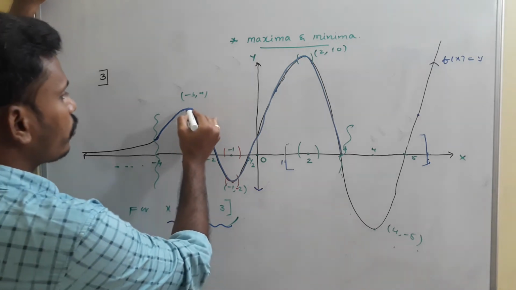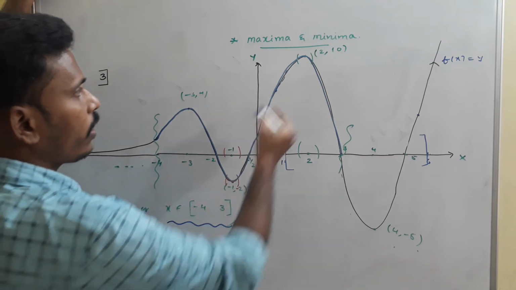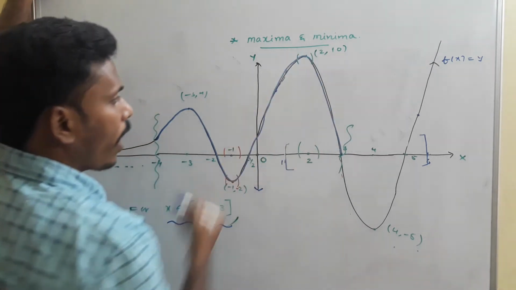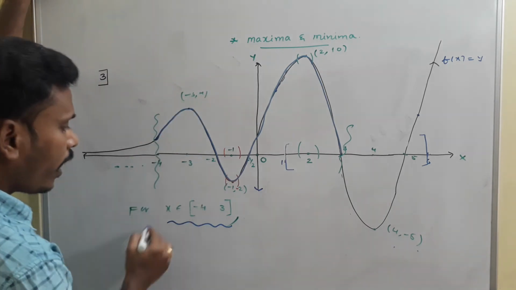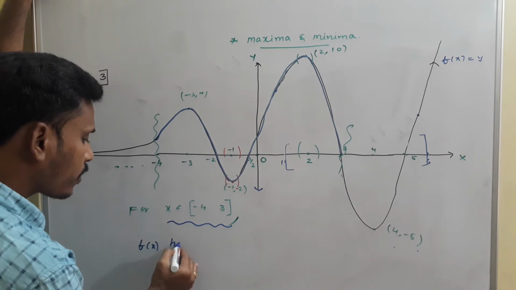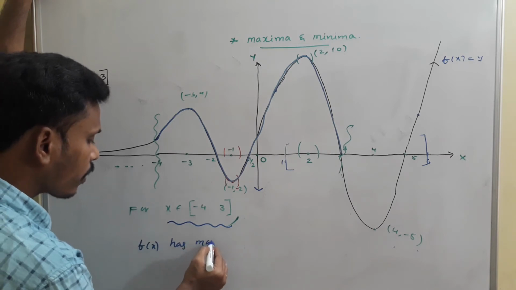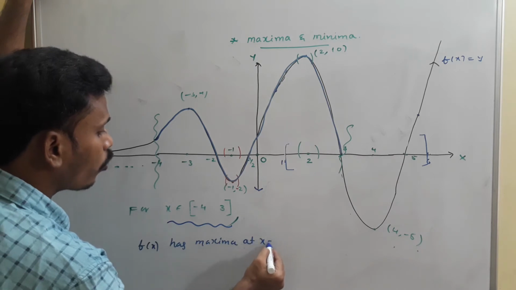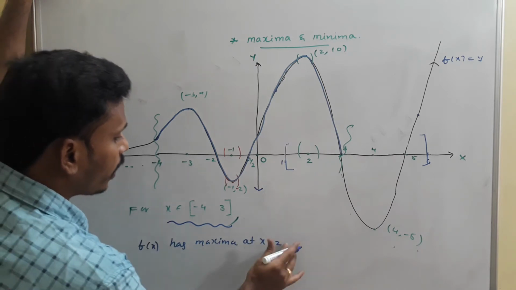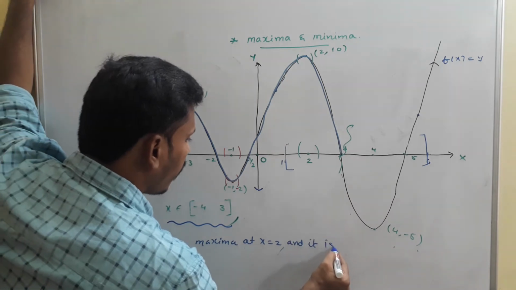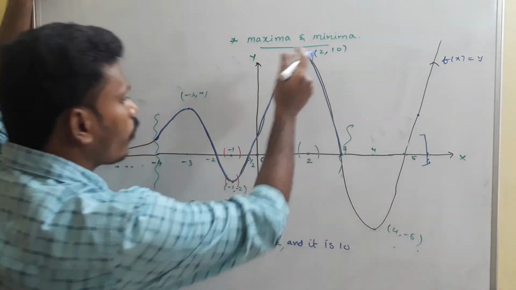See, at minus 3 we have one peak point, this is the trace of the graph, right? At 2 we have another peak point. So for x belongs to minus 4 to 3, f of x has maxima at x equals 2 and it is 10. Is it right? At x equals 2, the value is 10.